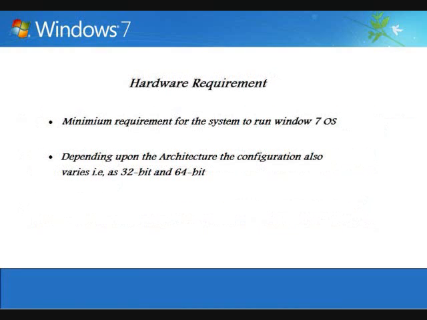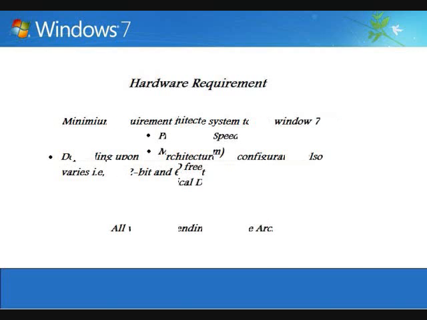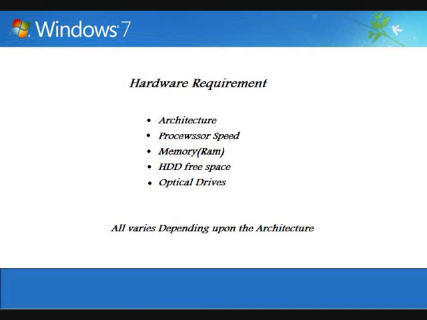Next comes the hardware requirements. Here, the hardware requirements of Windows 7 depend upon the versions. Depending upon the architecture, Windows 7 is classified into two, that is 32-bit and 64-bit. When we come to hardware requirements, we have to discuss architecture, processor speed, memory, graphics card, hard disk free space, optical devices, etc. Now, for processor speed, both for 32-bit as well as 64-bit, it is 1 GHz.